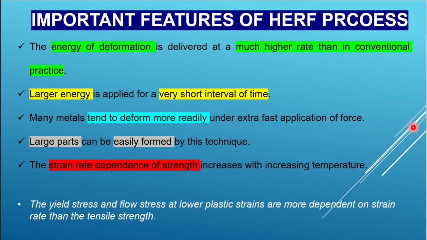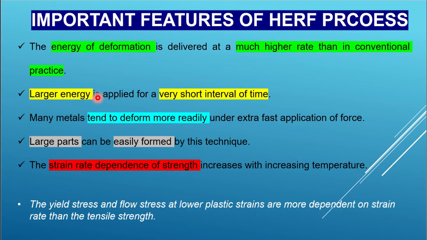So important features. This is also important because you can expect the question, what are the characteristics of high energy rate forming processes? The energy of deformation is delivered at a much higher rate than conventional, because the velocity is high, right? So kinetic energy is half mv square. When velocity is high, the energy imparted to the material will be high, so the corresponding deformation energies also will be high.